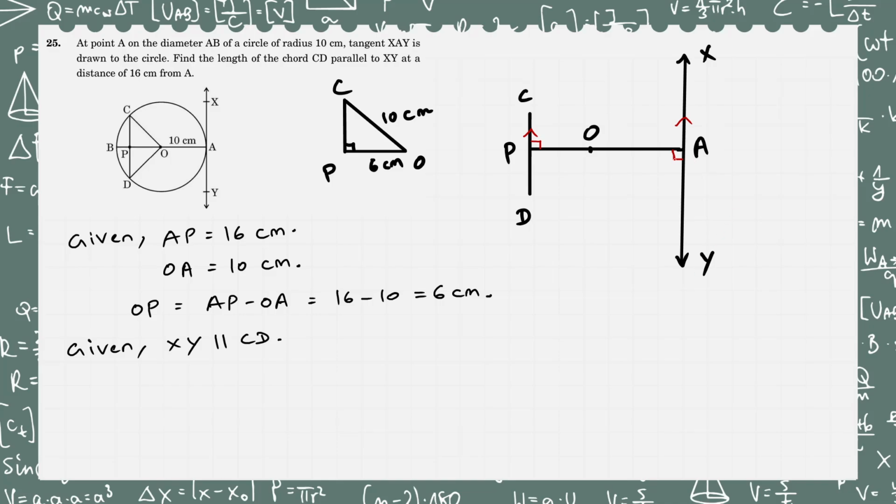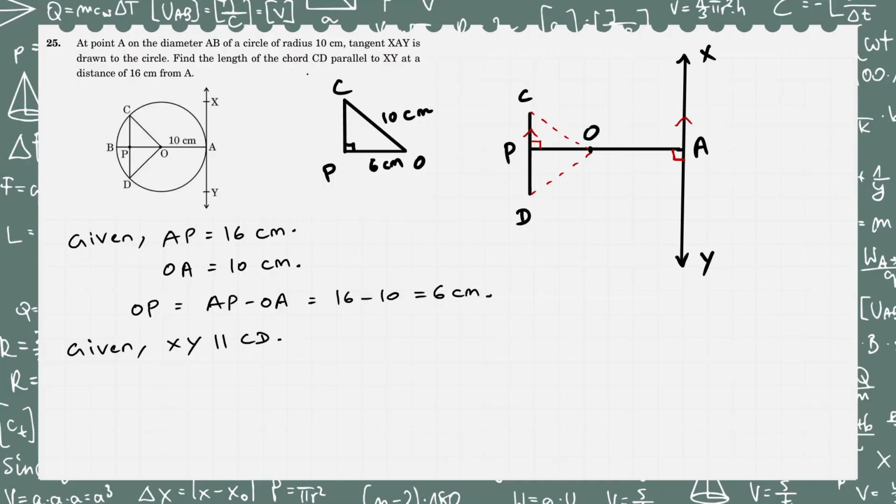So that we know that this is 90 degree, and this CPO angle is the alternate interior angle. Since CD and XY are parallel, alternate interior angles will always be equal to each other. Because this is 90, this is also 90. So basically if we connect this CO and DO, we will get two right triangles formed, right?